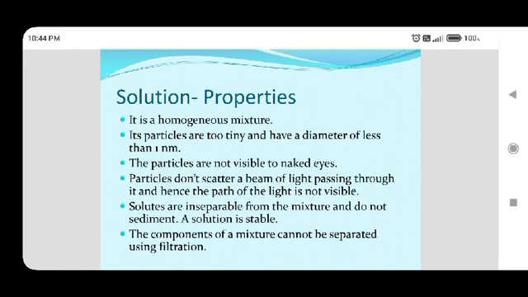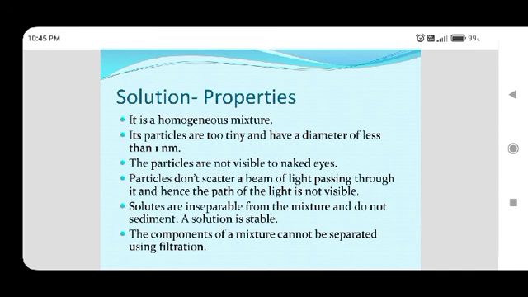Next point is the particles are not visible to the naked eye. Of course, if the size is less than 1 nanometer, we cannot see it with our naked eyes. Next point, particles don't scatter a beam of light passing through it, and hence the path of the light is not visible, because the particles present in a solution don't scatter a beam of light.